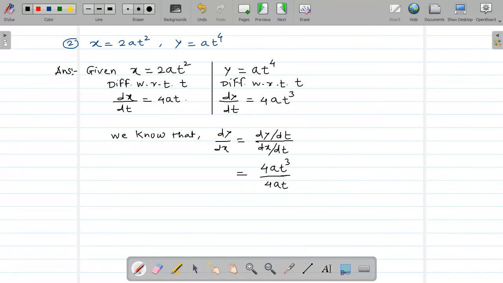By cancelling, 4a and 4a will get cancelled and one t will get cancelled, and you will get t square. So this is dy by dx. This will be the final answer, which is again in terms of the parameter t. Very simple. So just try to find the derivative of parametric functions like this.